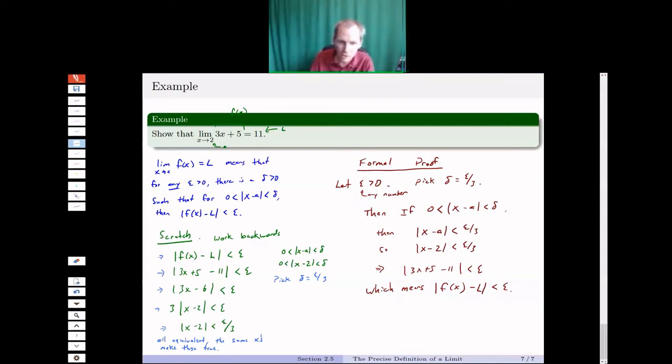And so we do our scratch work to find it by working backwards. And then we say, okay, that's the number that works. That's the delta that will clinch it, so that if my x values are close to a, then my f of x values will be close to L. Does that make some sense?